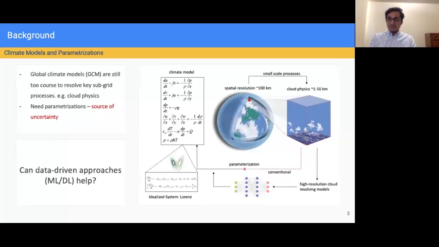As a result, models use parameterizations to include the effect of such subgrid processes. Traditionally, these parameters are hand-tuned by climate experts until the model behavior aligns with observations. And yet, despite the improving knowledge and fidelity of our climate models, these parameterization schemes remain one of the major sources of uncertainty, and configuring them remains a grand challenge.